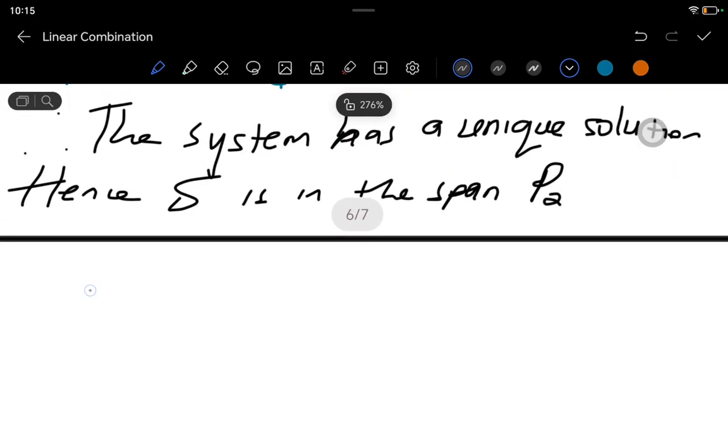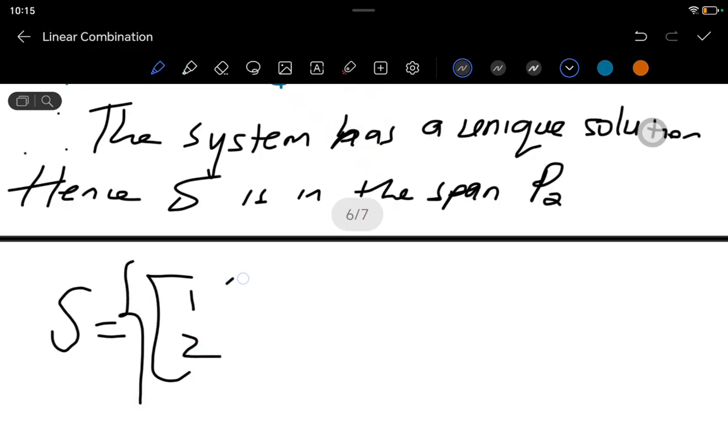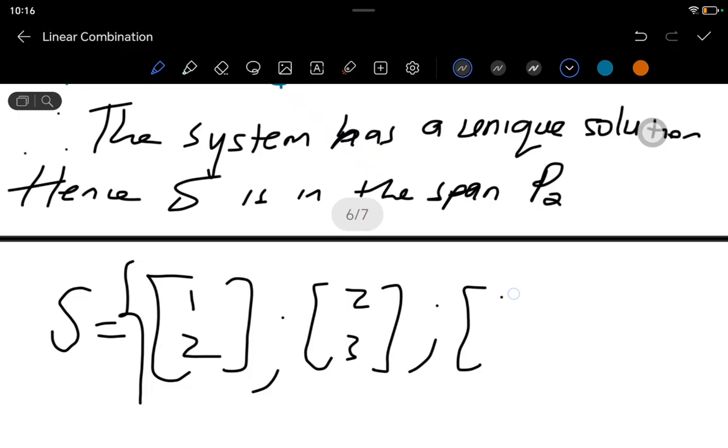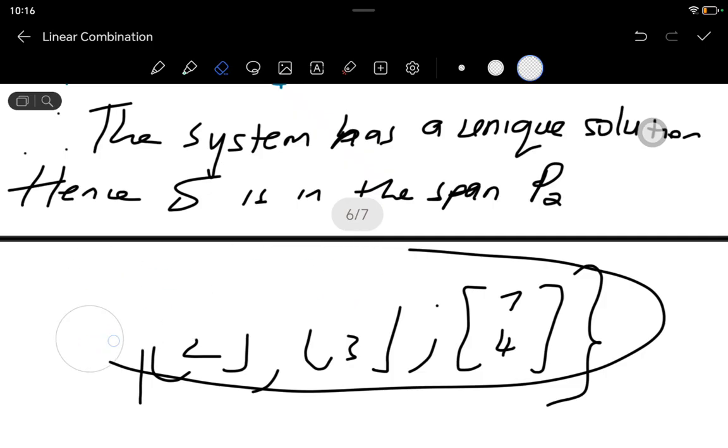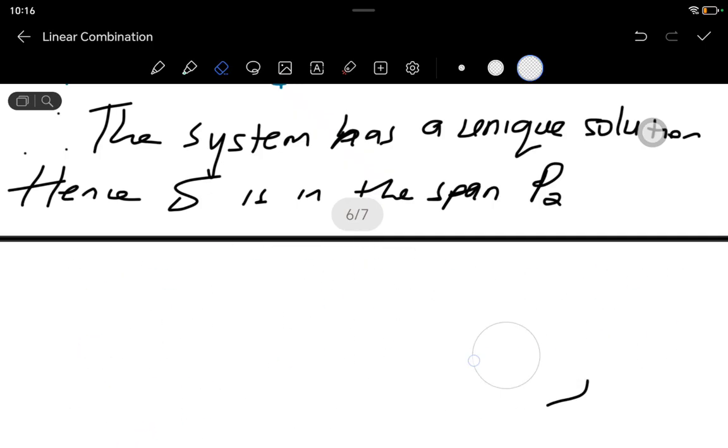Let's say maybe they give us 1, 2, 2, 3. They just give us anything of this manner. So we're going to be looking at such questions that come in this manner, because these are the ones which are going to be used the most in basis. So we'll look at this the most.